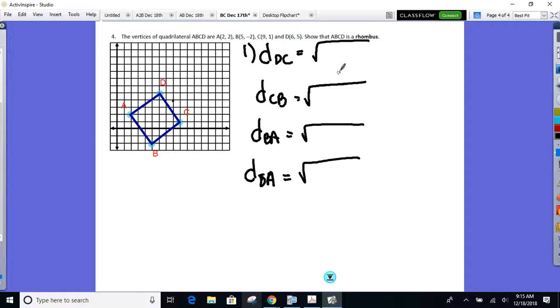And I know some of you are clever. You do have to show me the numbers you're plugging into each. Somebody gets radical 8 on the first one, and they just write radical 8, radical 8, radical 8, because they know it should all be equal. That's not how we roll in here. Okay, you show me all the work inside that radical, please, that leads you to your final answer.